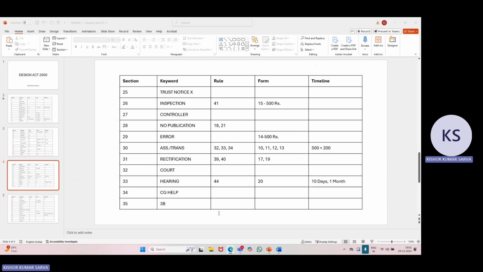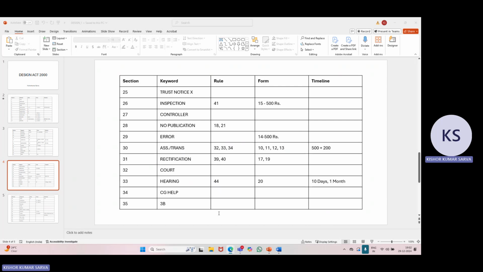Here you have to pay 500 rupees to get it processed. Once you file it, you will get the information within 1 week.